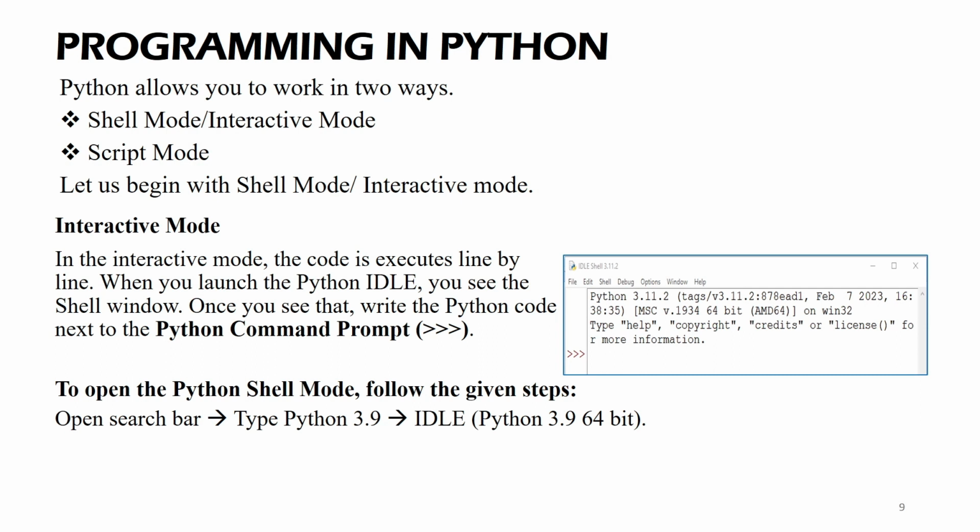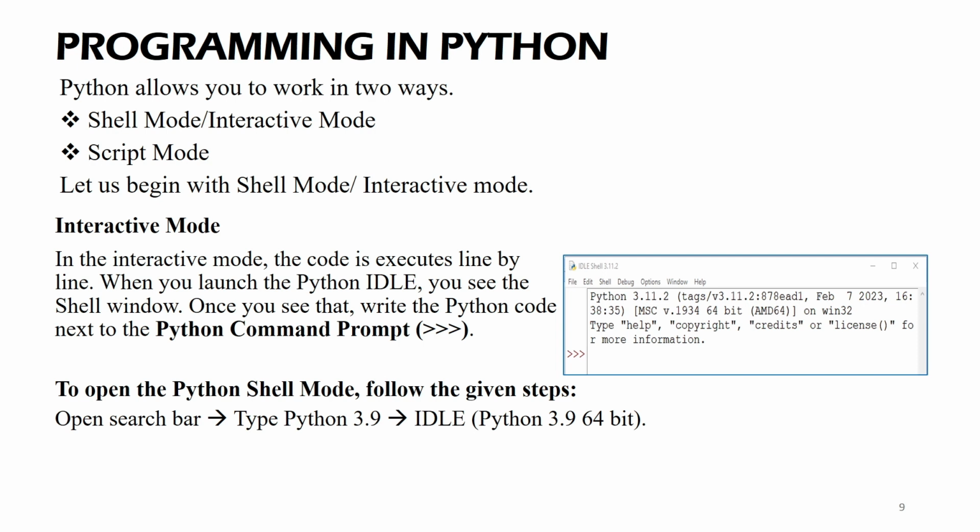We have two modes, as I told you. One is called shell mode or the interactive mode, where you interact with the interpreter and instantly get the answers or the output of the code that you have written.